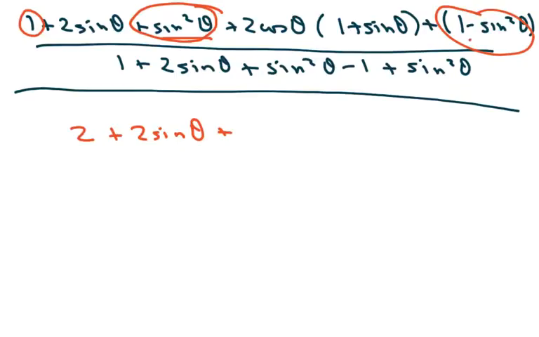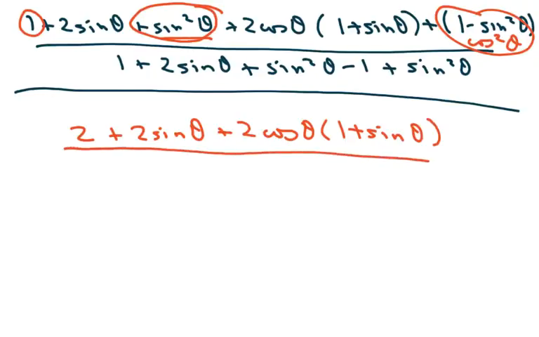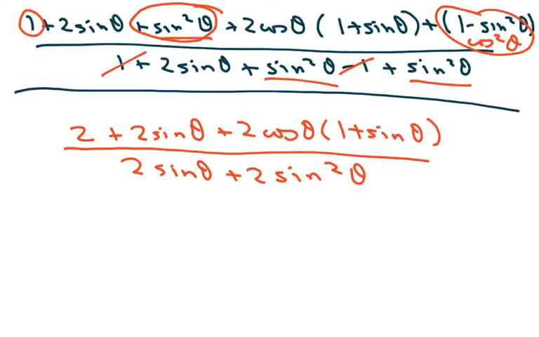Probably should have just left this as cosine squared. All right, and then we got the 2. We still got this left. All right, now the denominator is going to be 2 sine of theta plus 2 sine squared of theta, because we have 2 of these and the 1's cancel.